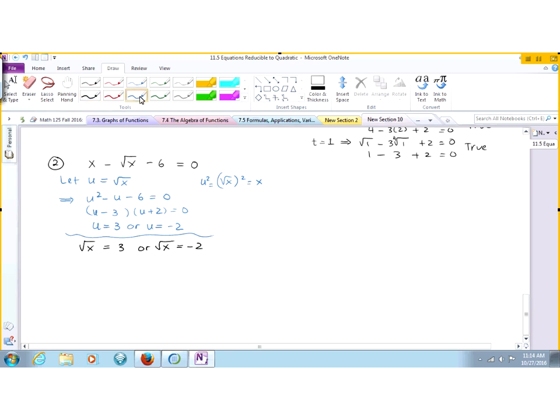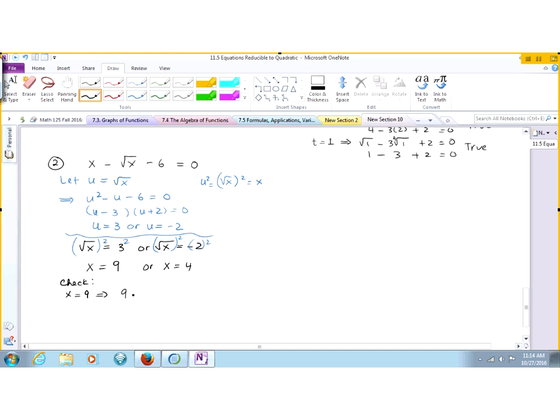Yes. Good. How do we solve this? Square both sides. So what is this? x is equal to 9 or x is equal to 4. Now you have to check.